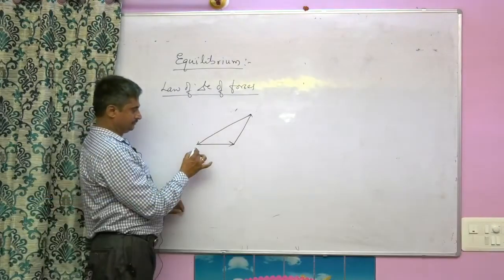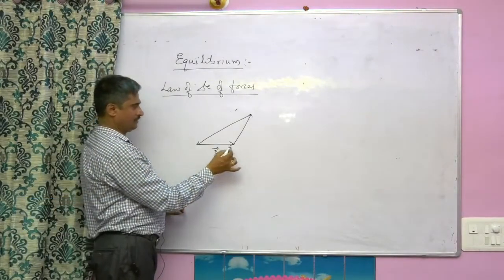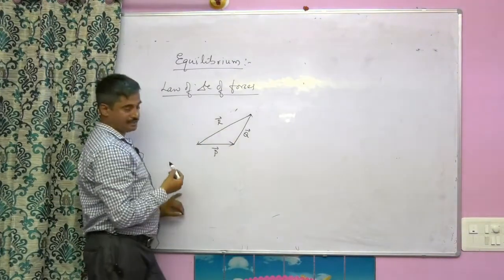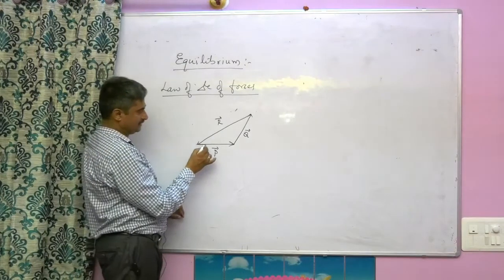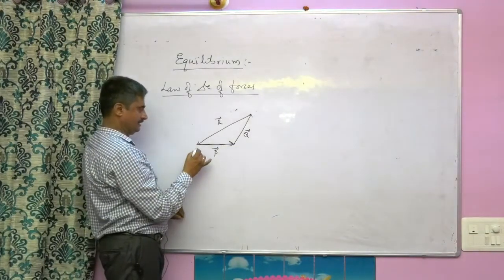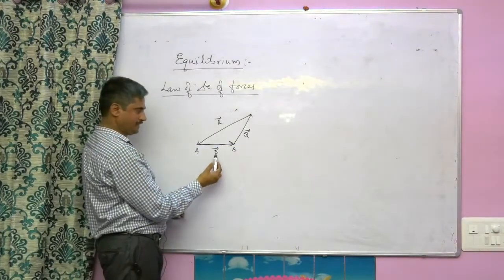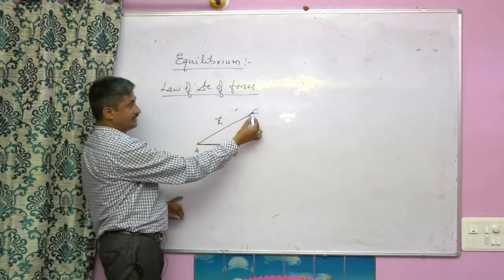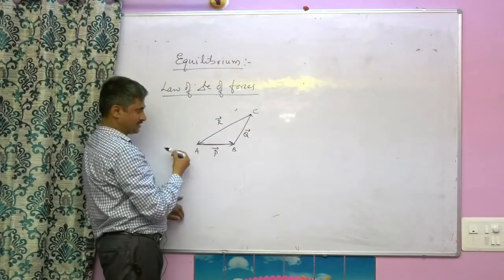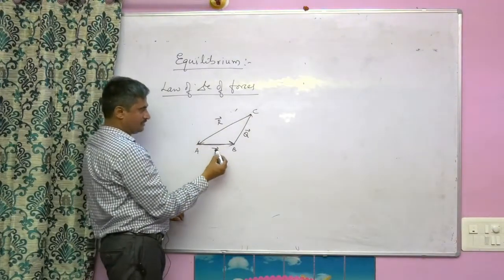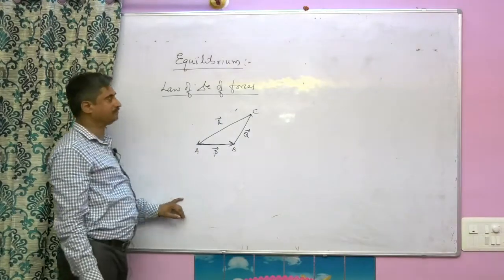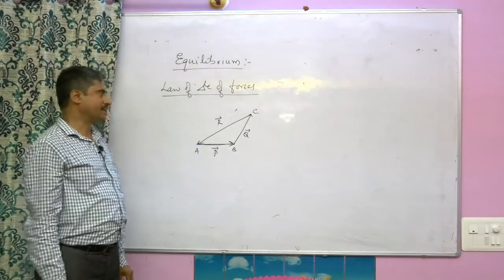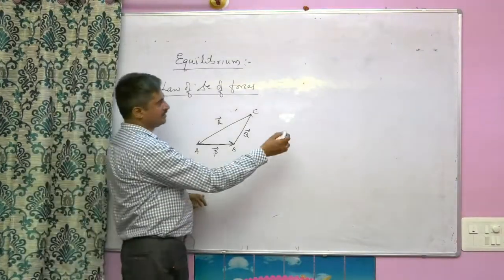For example, if P, Q and some force R are in equilibrium, then they can be represented by sides AB, BC and CA: P is represented by AB, Q by BC, and R by CA in the opposite direction. So if these P, Q, R are in equilibrium, then they can be represented by the three sides of the triangle taken in order. The reverse also holds true.